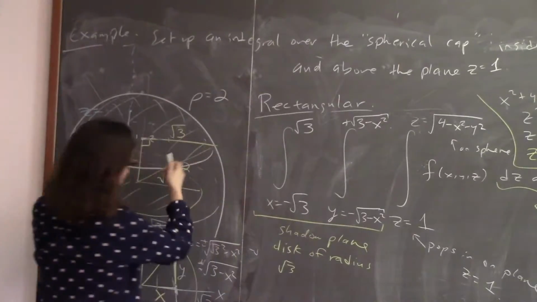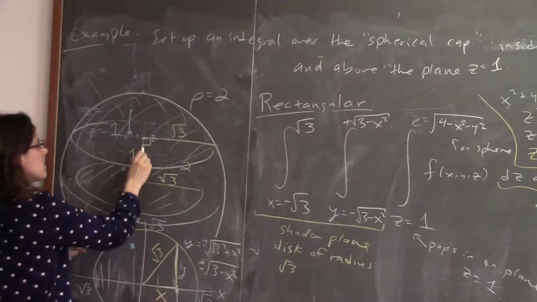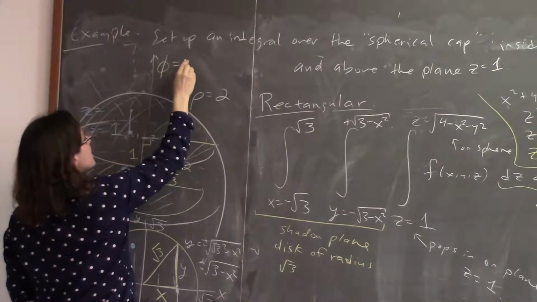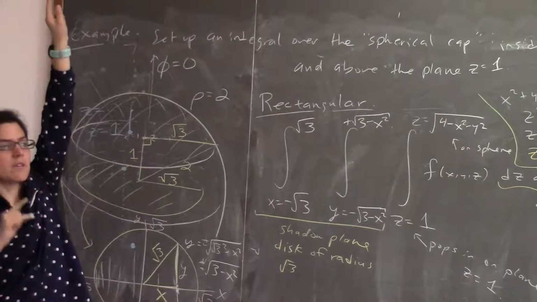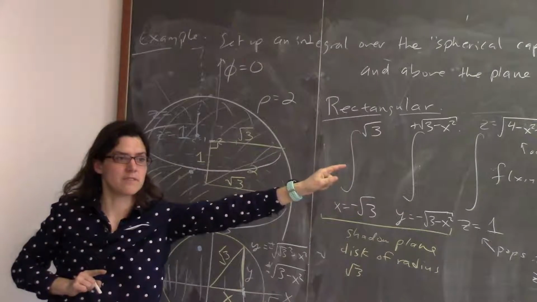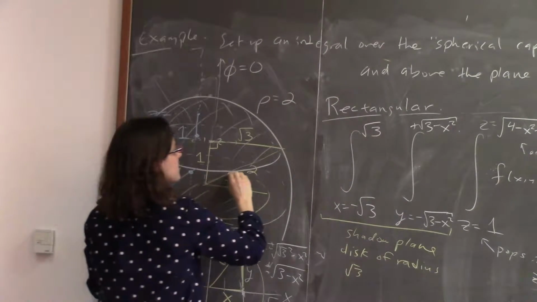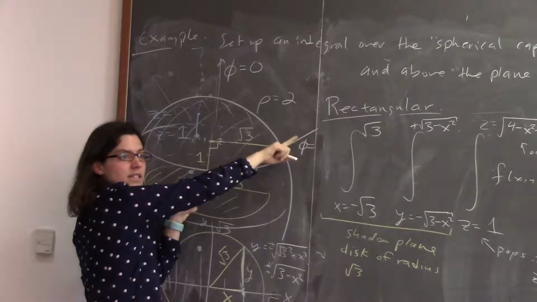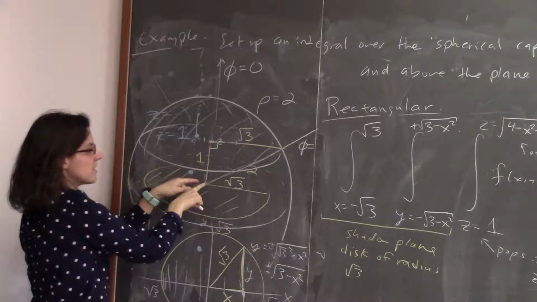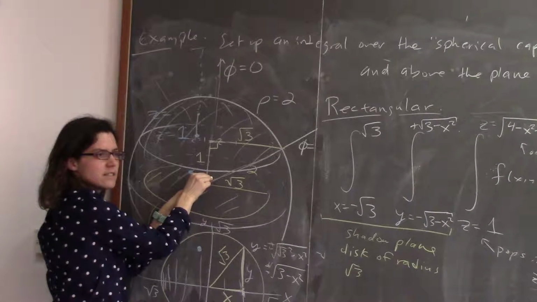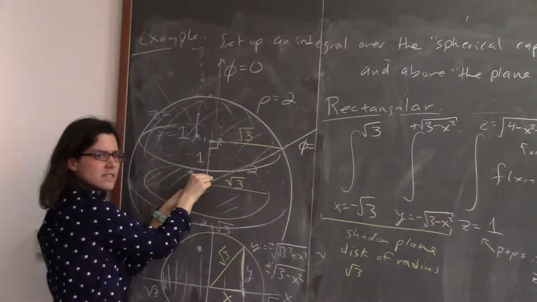Okay, now we need to figure out which phis we need in order to get the whole shape. So phi up here along the z-axis, phi is 0. And we want to sweep phi down until we've put the whole shape in our phi range. So that would be until phi equals whatever it is along this line. Conveniently, we've already put a little triangle in here. It's a 30, 60, 90 triangle. Do you think this is the 60 angle or the 30 angle?